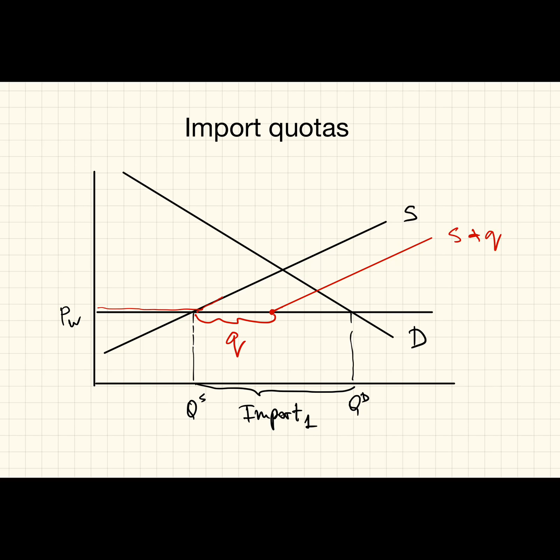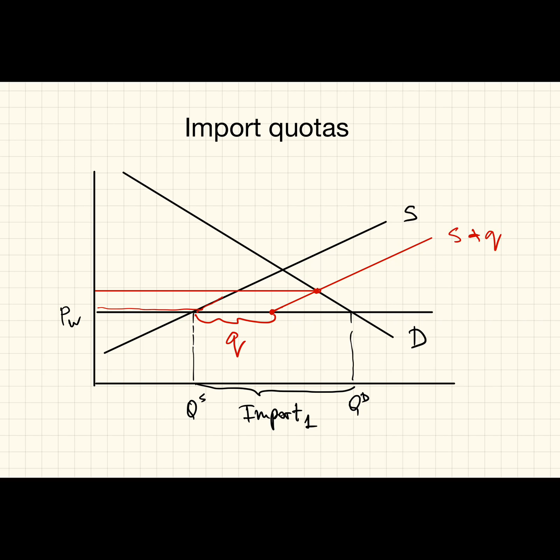So the shortage will be shrinking until price gets high enough so that we're back to an equilibrium. It's a different equilibrium, but it's still an equilibrium, and this equilibrium results in a higher price. So that's one important thing here.